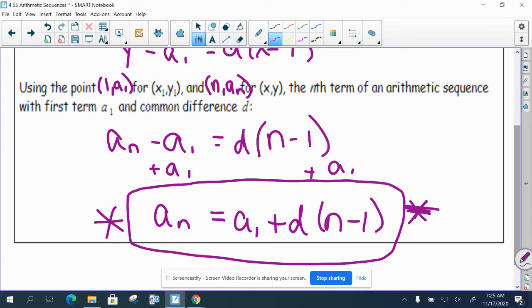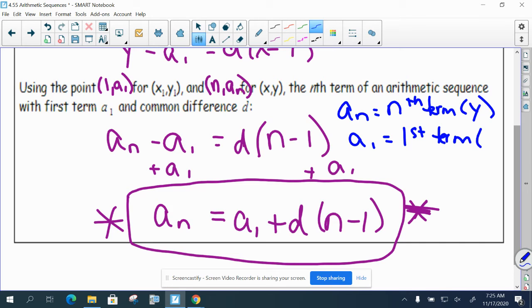If you're an e-learner, if you're in class, you'll have it written on the board, but this is something that you'll need to know. So a sub n represents your nth term. It's like the y value. A sub 1 represents the first term, and that's kind of like your b.